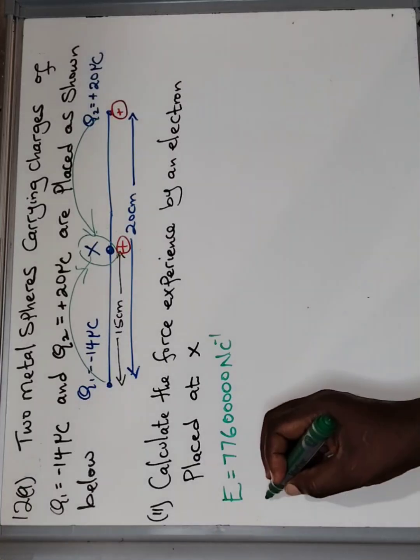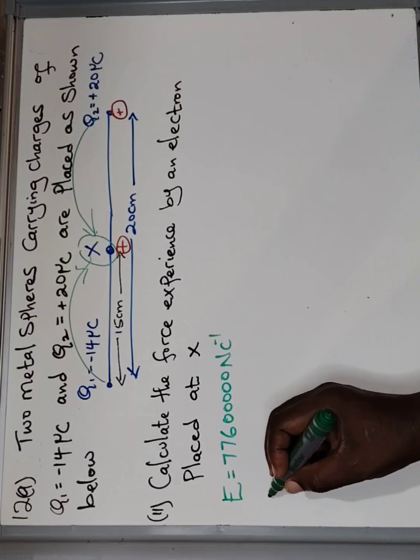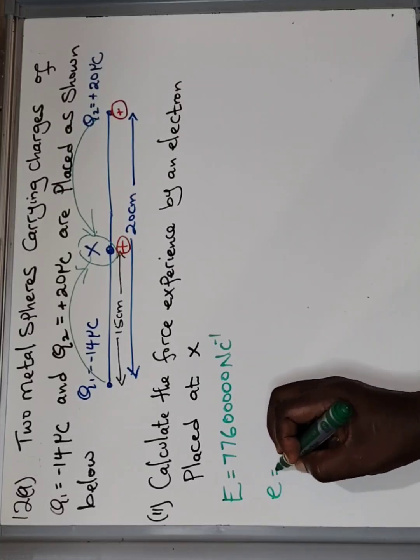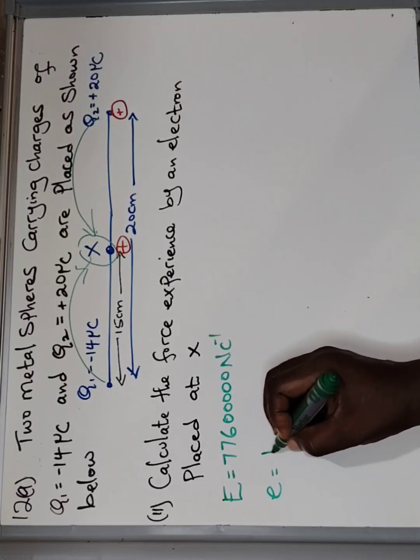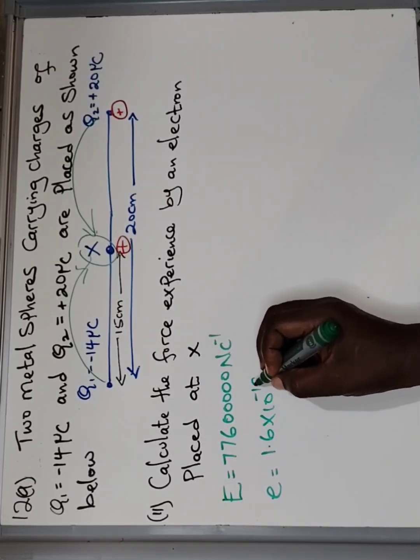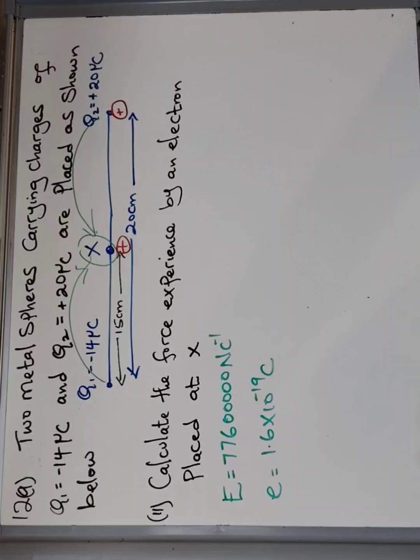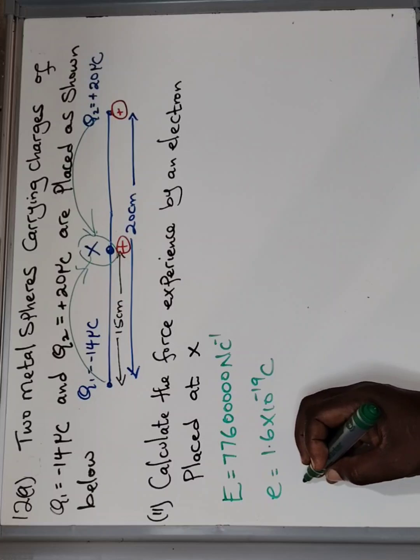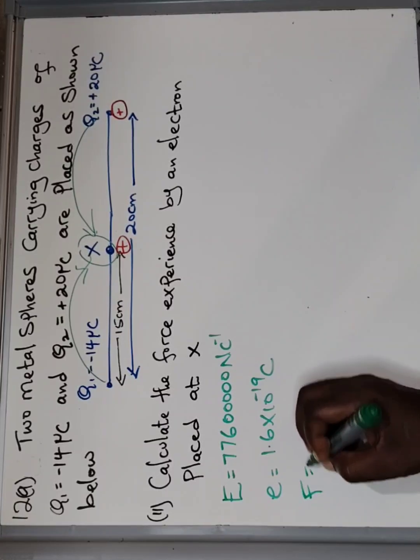What else do we know? We know the charge on an electron. So the electronic charge is 1.6 times 10 power minus 19 coulomb. And we are looking for the force.